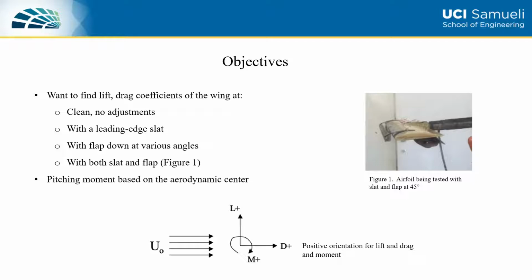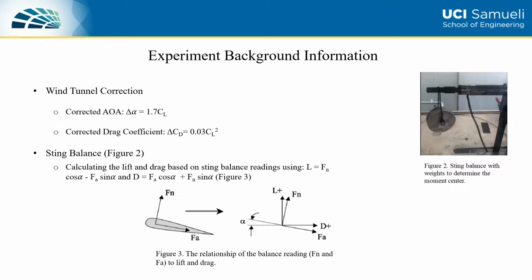You can see on figure 1 there are pieces of thread, and if they're not flowing along the camber of the airfoil, then you could obviously see there's some stall occurring. Also, we want to find the pitching moment based on the aerodynamic center of the wing, and we get that based off of the pitch moment center of the balance.